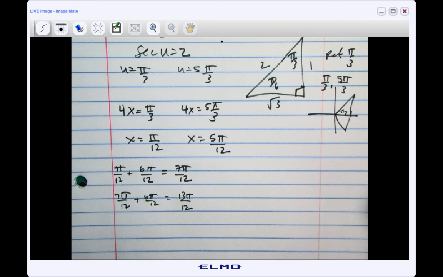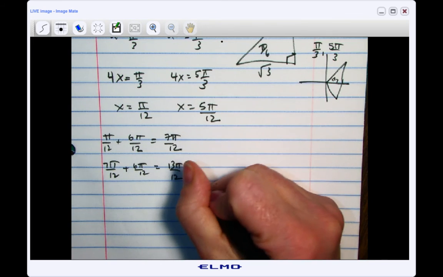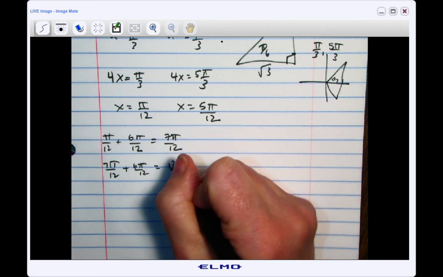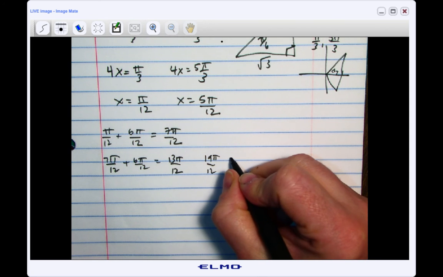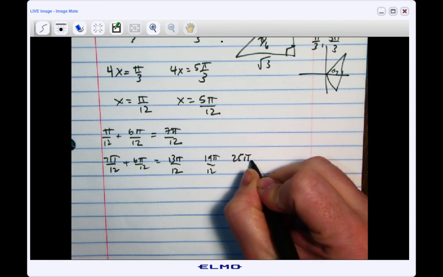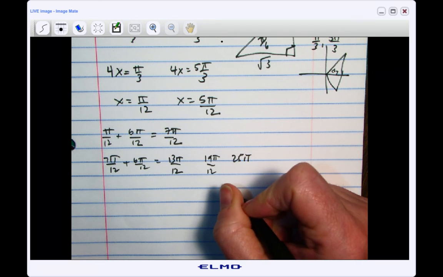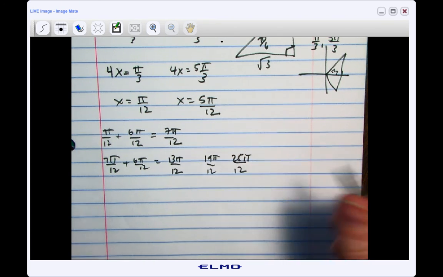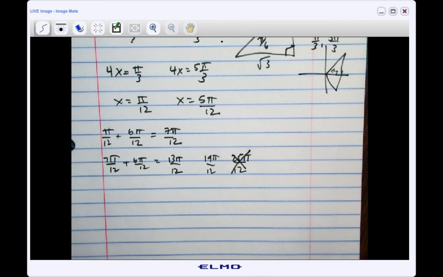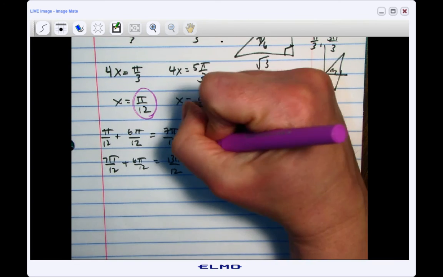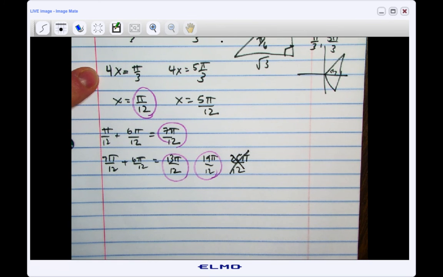The next one, when I add another 6, will be 19 pi over 12, and then another 6 will be 25 pi over 12. And this one's too big, right? That one's bigger than 2 pi. That's what I expected, because I just said I should get 4 from this side: 1, 2, 3, 4. Those are my 4 solutions from this one equation.